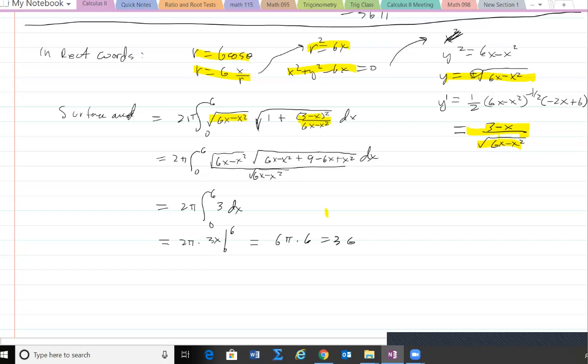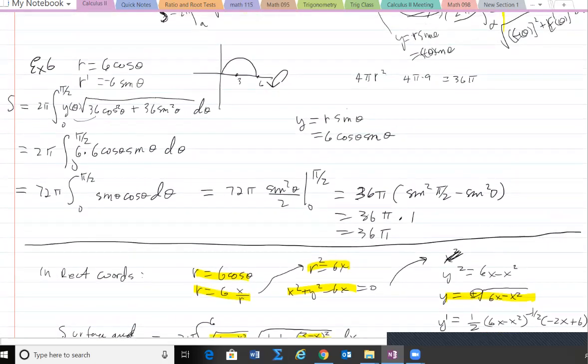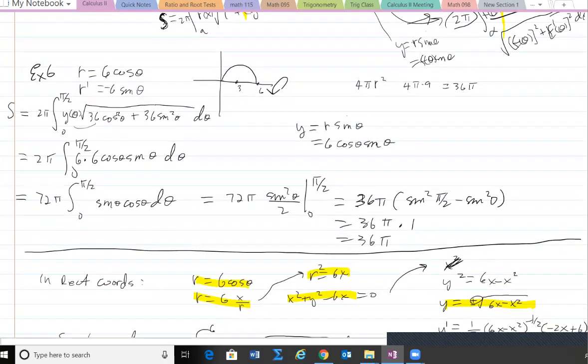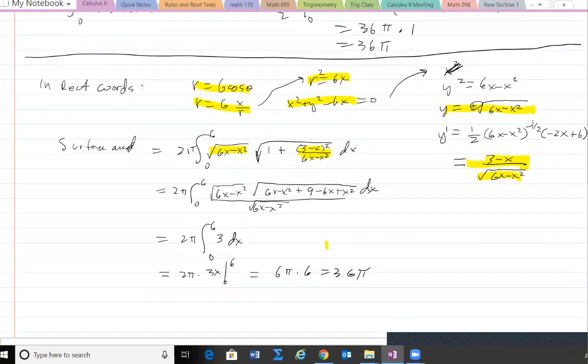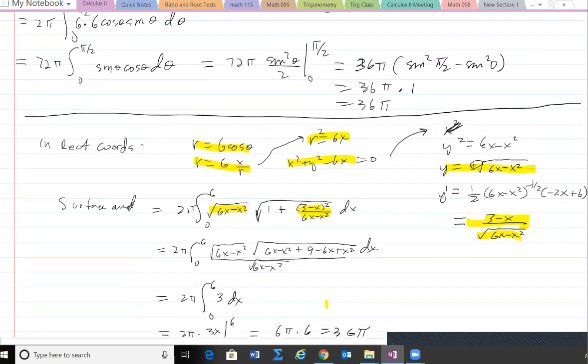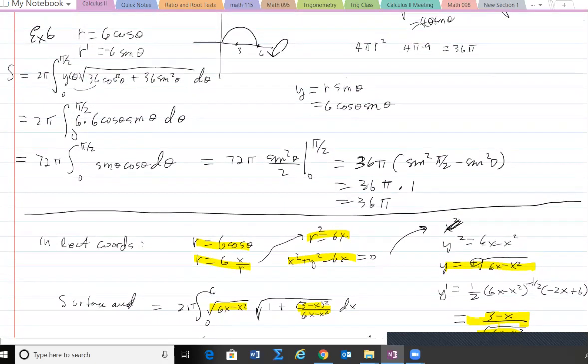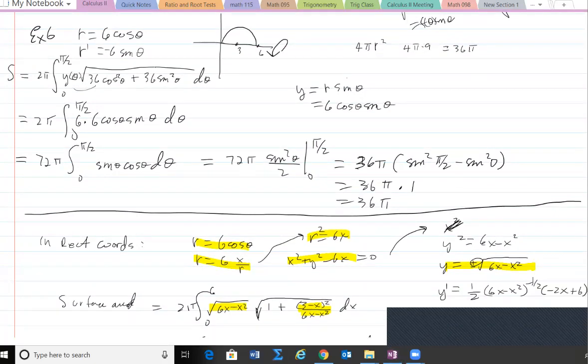Okay, 36 pi. So it's kind of neat to see the two methods. You're not always able to get this done as easily in one system as in the other. This one looked about the same amount of work either way. But sometimes making that switch into polar coordinates is a better way to go in terms of how easy the integration is.